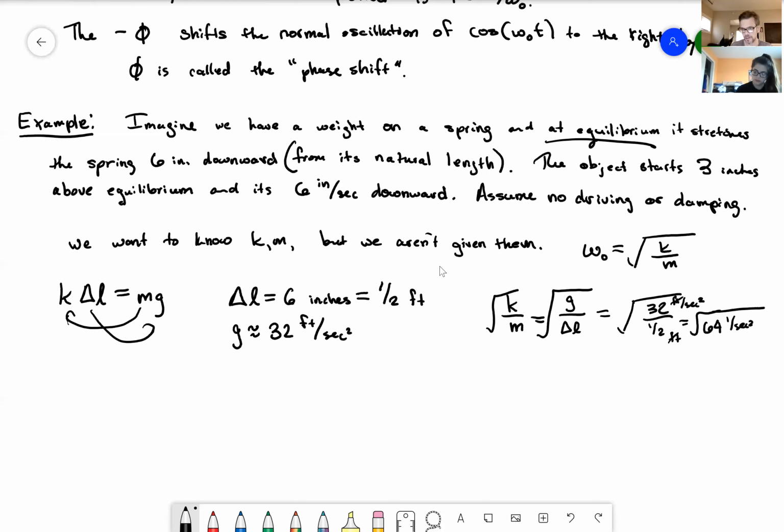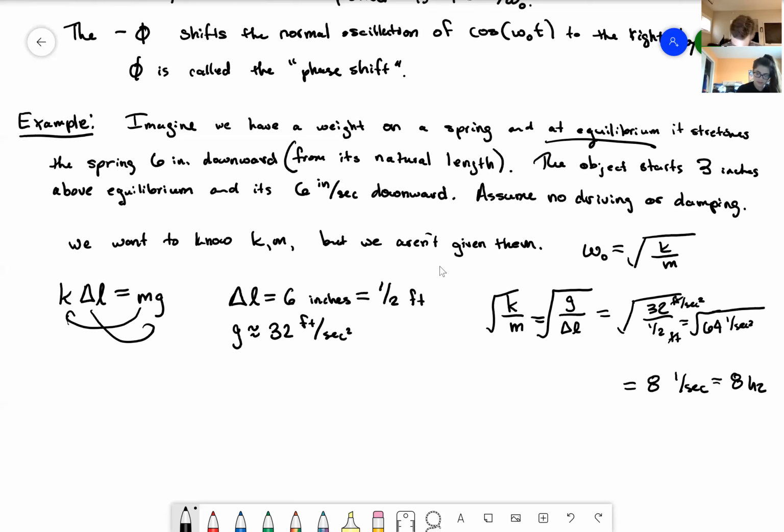Square root of 1 over second squared gives us 8 per second. There's nothing per second, it's just the reciprocal of a second, which can feel a little weird, so we often write this as 8 hertz.